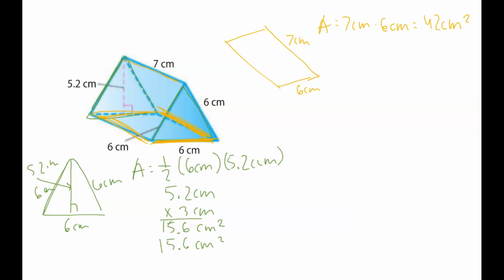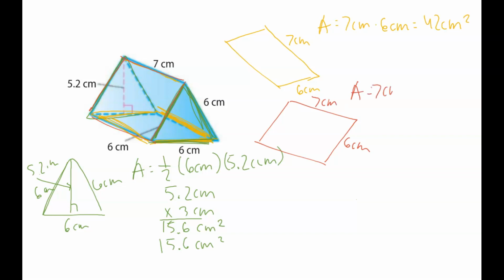And then something else that I can tell, because our triangle bases are equilateral triangles, it's going to tell me that all of the rectangles are going to be equal as well. They're all going to be 7 times 6. So when I look at this and I go to the rectangle on the left, this side right here is going to be 6 centimeters, and that's going to be 7 centimeters.